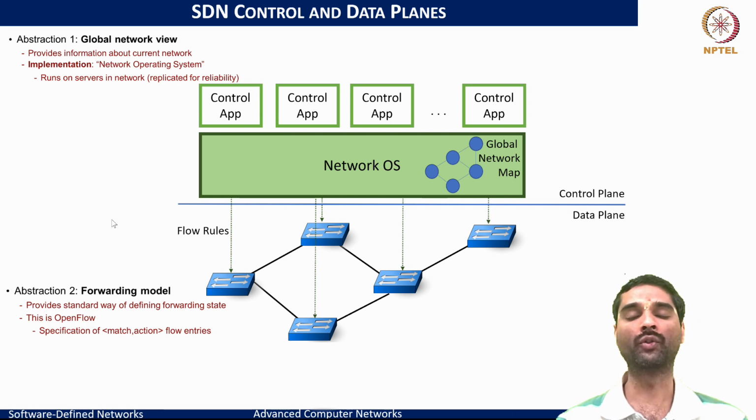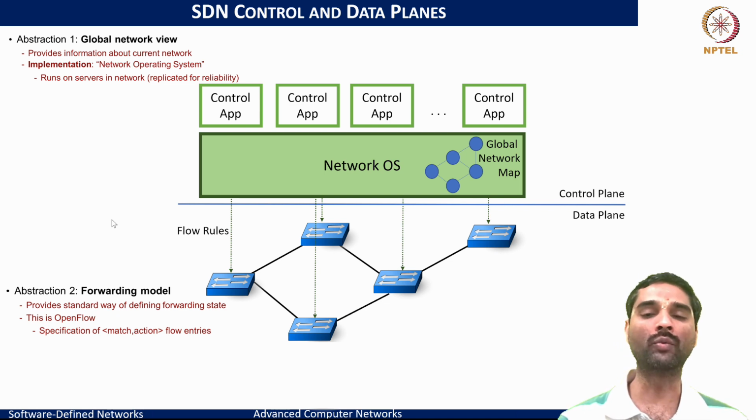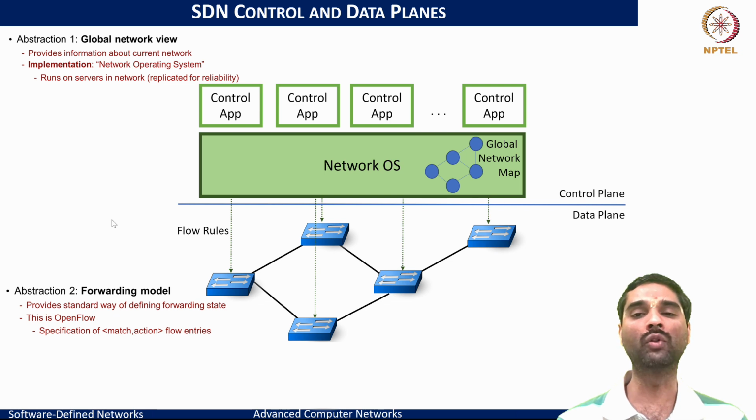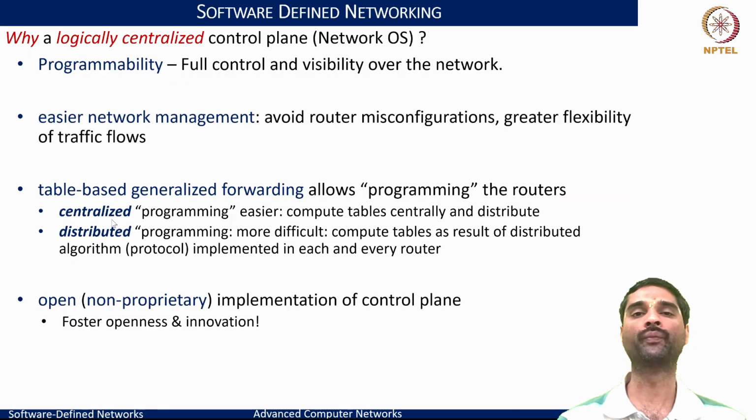The misconception that SDN makes these devices dumb is not true. In a way, it simplifies these devices and ensures that you can program any of these devices with a lot more ease and reuse the same code that you build on top of the network OS for a variety of hardware manufacturers or vendors. And that's basically the openness and innovation that SDN tries to bring forward.